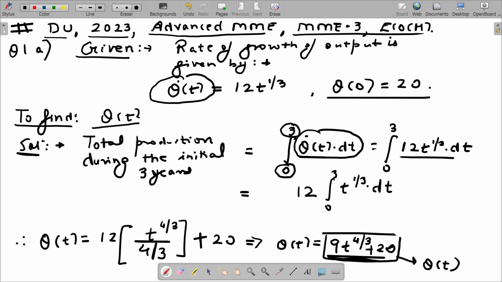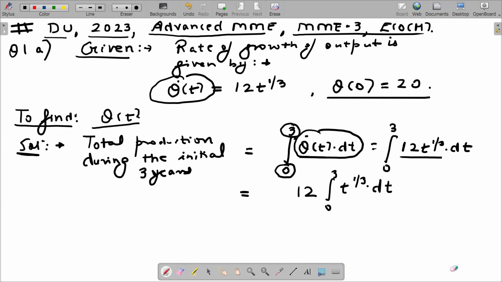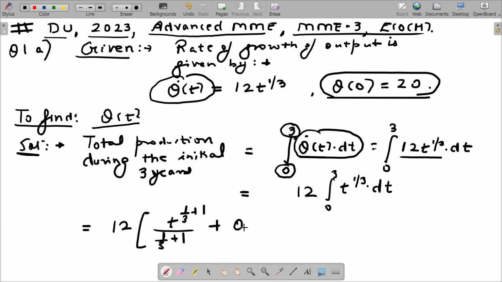I get 12 times t to the power 1/3 plus 1 over 1/3 plus 1, plus the initial output level at time period 0, which was 20. And I run this from 0 to 3.